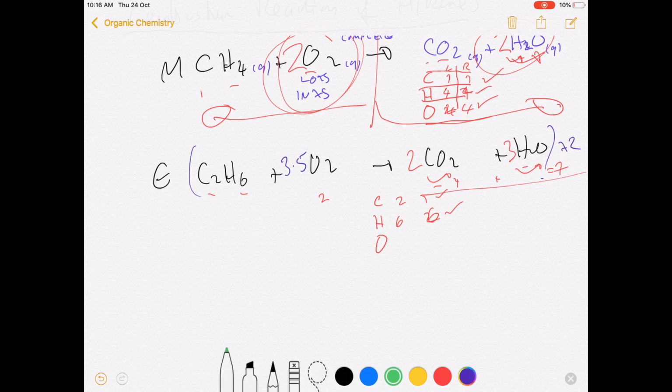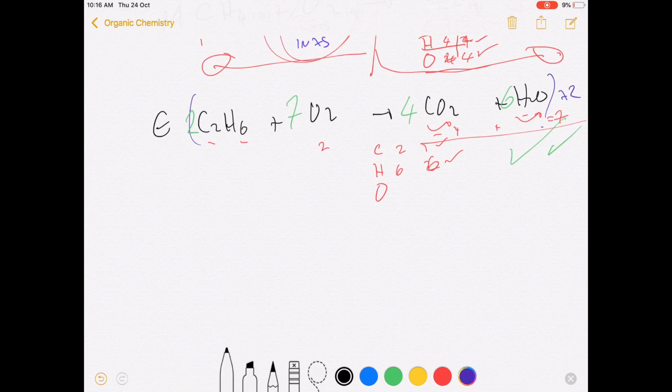Let's use green. Instead of 1, I've got 2 of these. Instead of 3.5, I've now got 7 of these. Instead of 2, I've now got 4 of these. And instead of 3, I now have 6 of these. Does that balance? Of course it does. Give me 3 marks. Thank you.